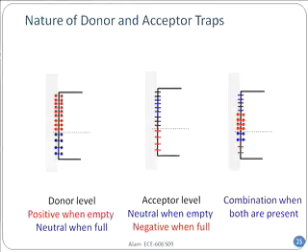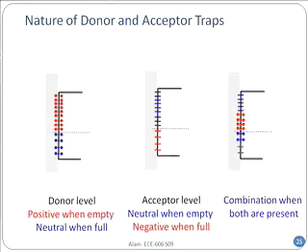What it means is that when your donor level is below the Fermi level, then the donor is full, because it hasn't given away its electron. When a donor doesn't give away its electron, it has as many protons as the number of electrons. Therefore, because it hasn't given away anything, anything below that dotted line, the Fermi level, has charge 0.